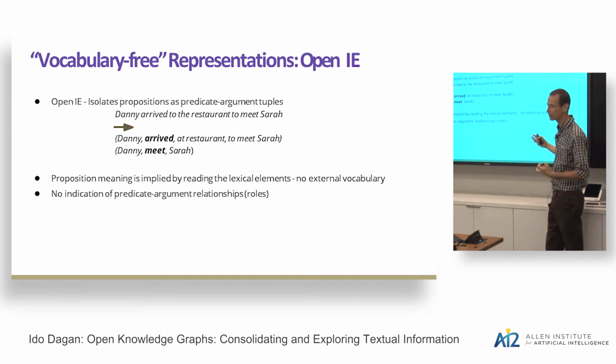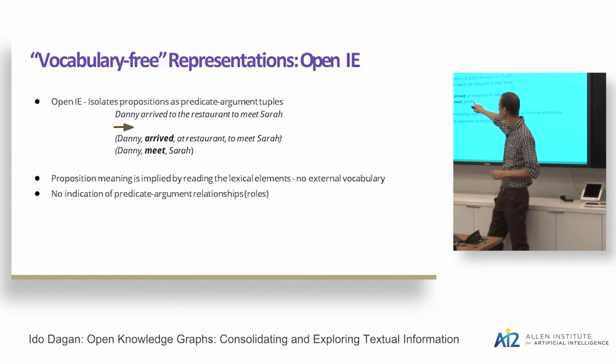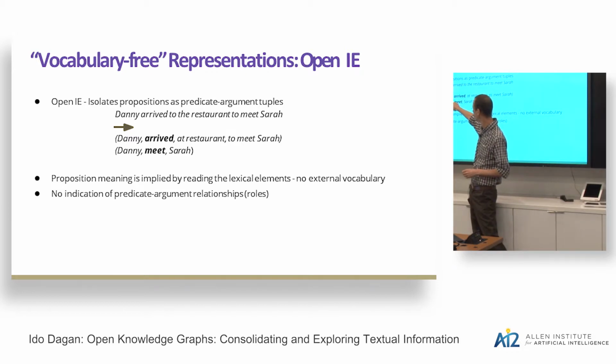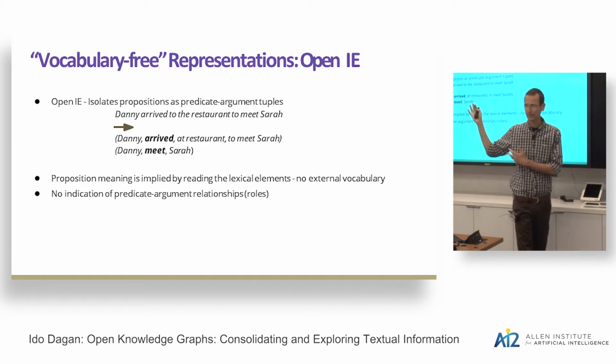So the semantics are coming from the natural language expressions involved in the presentation, okay? So that's the basic idea. What we don't have here is a denotation of the roles at all. Nothing here says that this is the location and this is the purpose, but you get that from the content of the words.